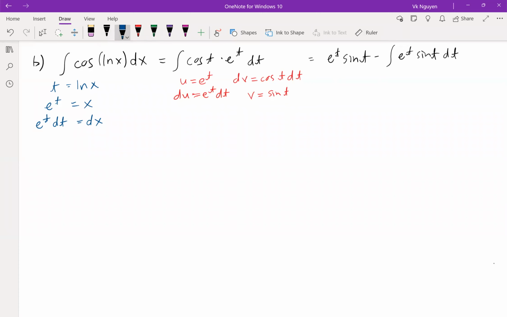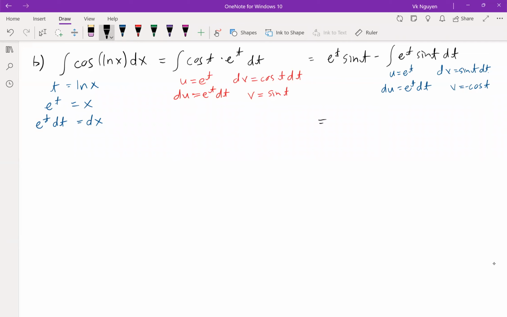Now we need to do another integration by parts. We're going to let u be e^t, dv be sine t dt. du is e^t dt, v is negative cosine t.